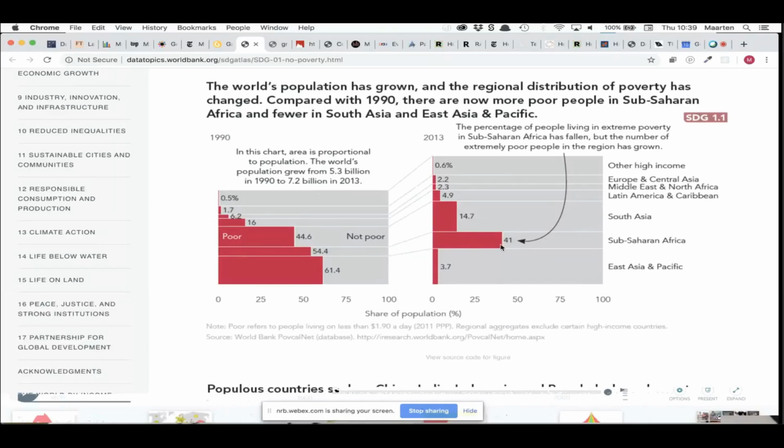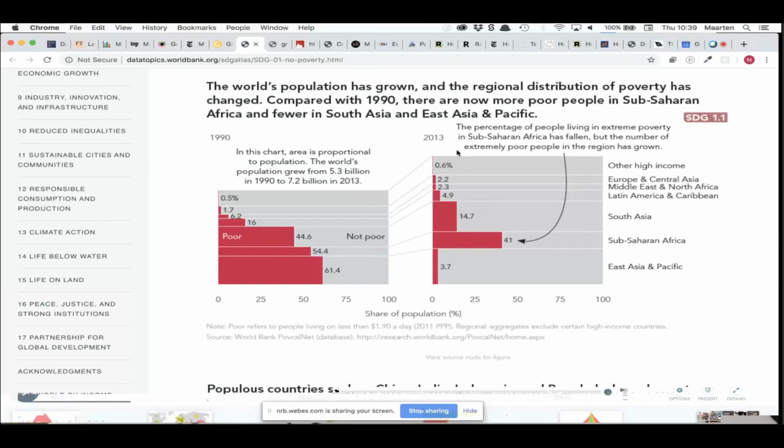But the way a Marimekko chart works is that you also scale, in this case, the height of the bars, and the height of the bars in this visualization are scaled according to the total population of each continent. You can see that the bar representing sub-Saharan Africa is much higher in 2013 than it was in 1990.